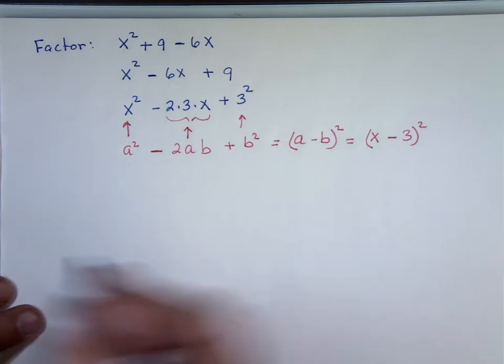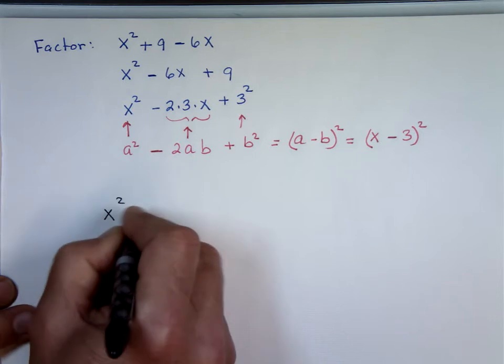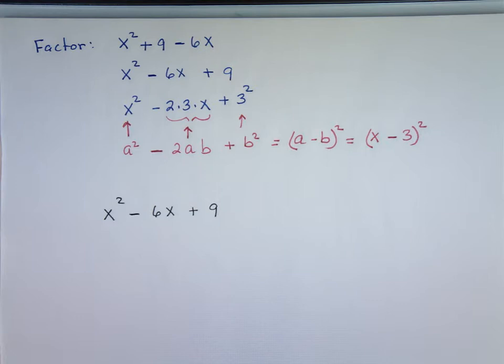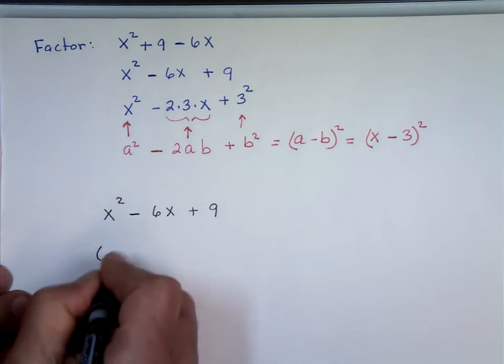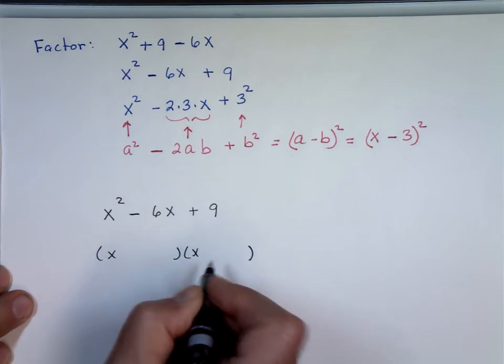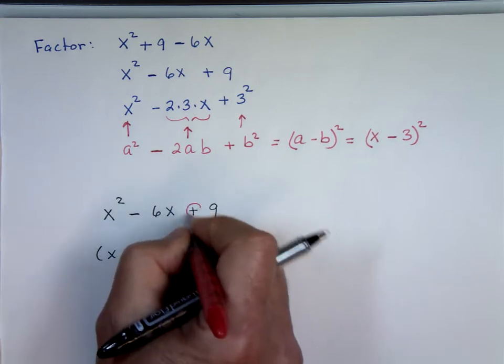The other way of factoring, again, x squared minus 6x plus 9, is going to be x and x. That's the plus 9, the same sign, same as this.